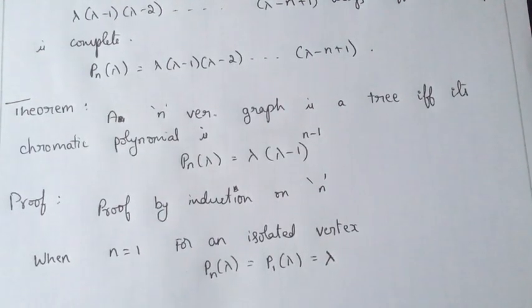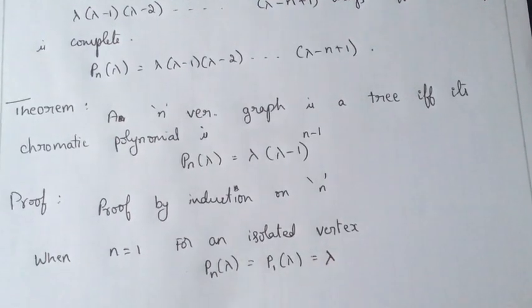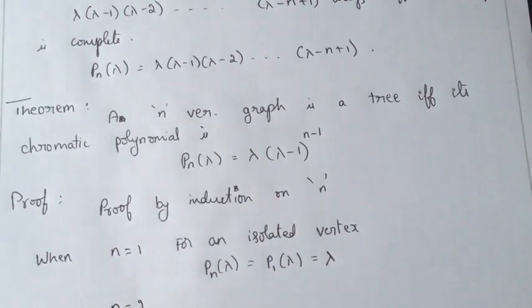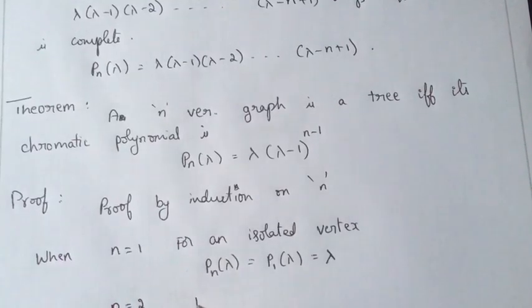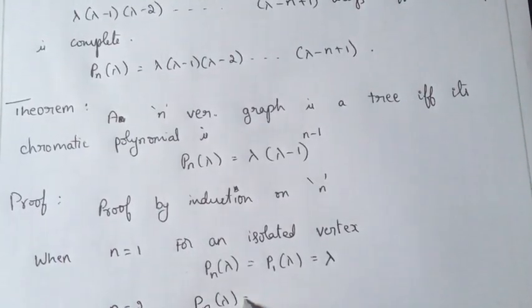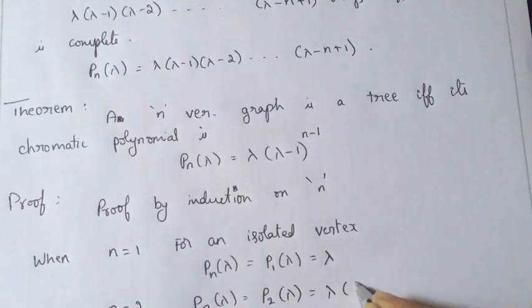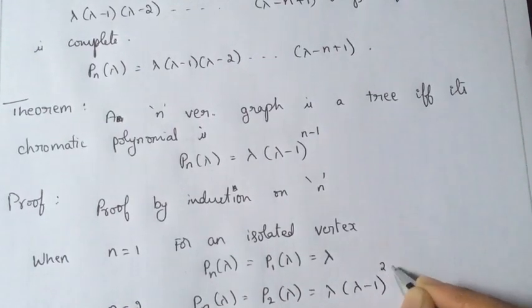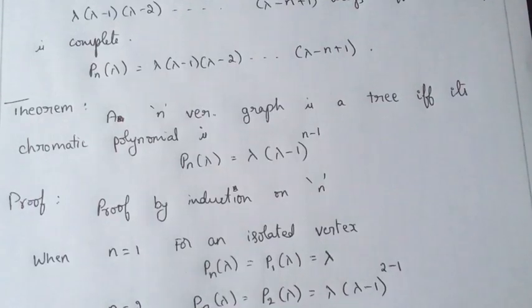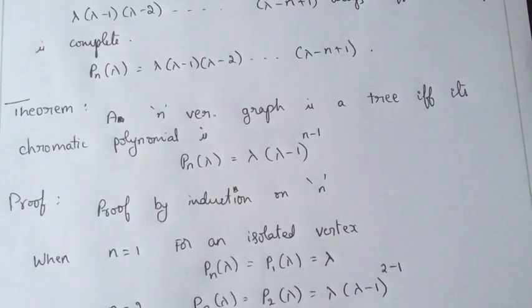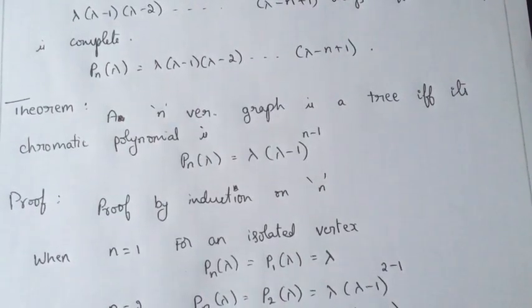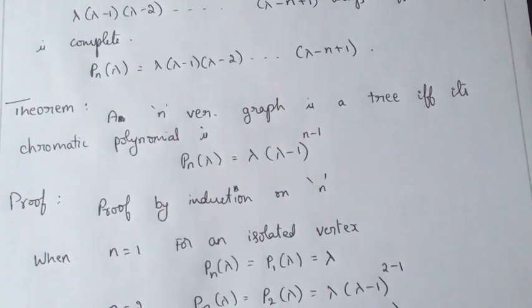That is the same as saying we can color the vertex with lambda colors. When n equal to 2, P2 of lambda is lambda into lambda minus 1 power 2 minus 1, which is nothing but lambda into lambda minus 1. That is, we can color two vertices in lambda into lambda minus 1 ways.